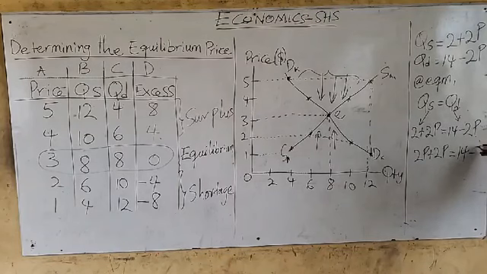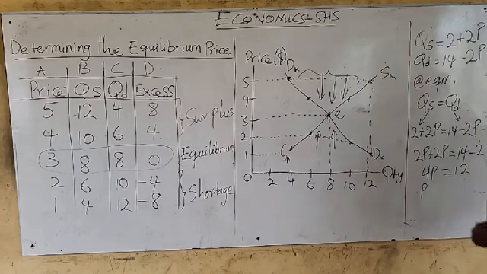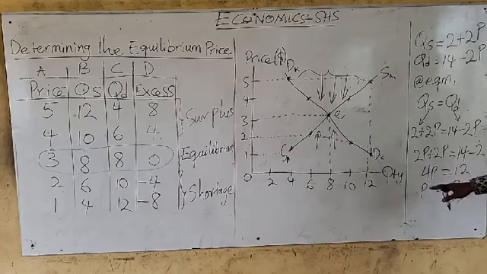So we have minus 2. This plus that will give you 4p, should be equal to 12. P should be equal to 3. You divide through by 4, you will get the answer.